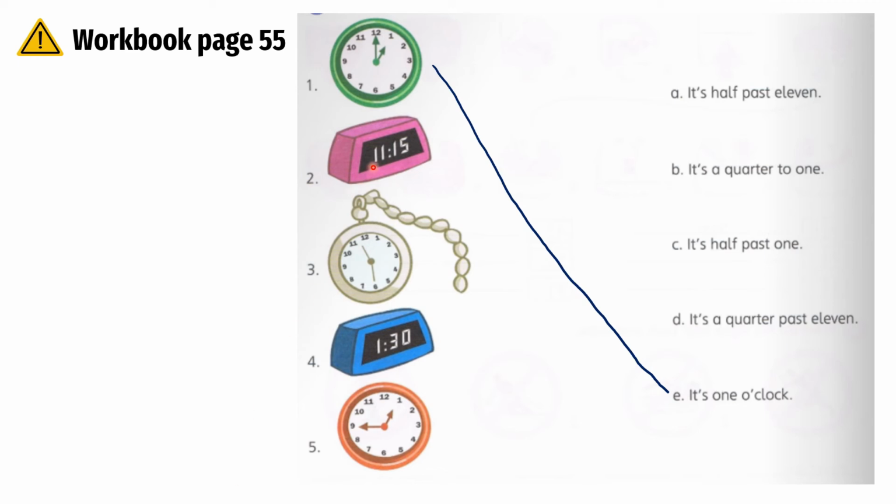For number 2, the clock shows 11:15. So 11:15, if we draw it in the clock, it will look something like this. Since it is on this side, okay, we use the word past.